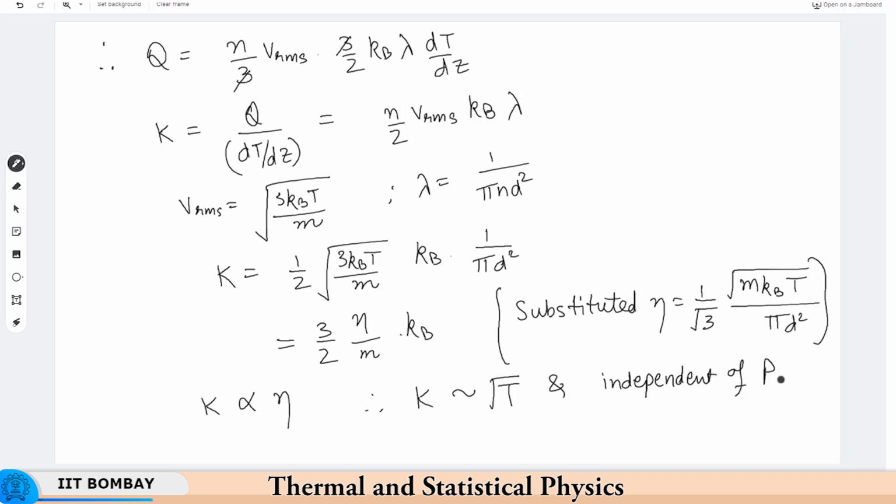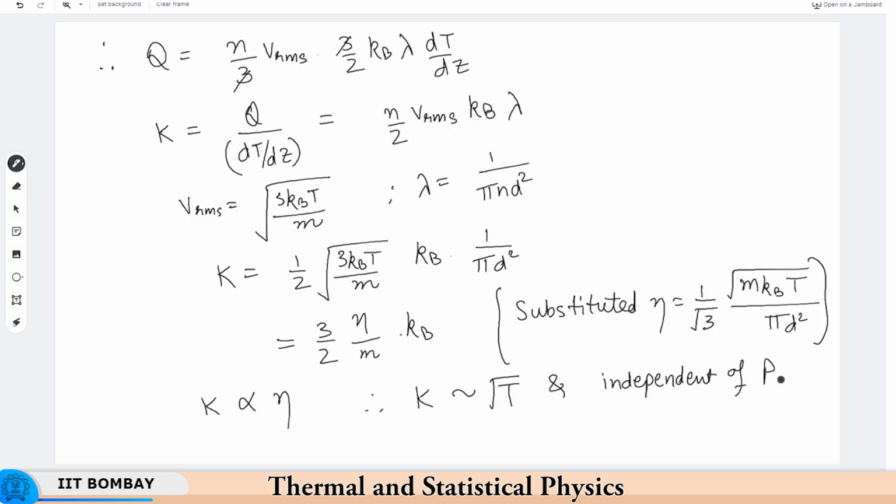So, this is how we can make sense of these properties of gases by just working out this expression. So, this is a way of understanding the transport properties of ideal gases through the formulation of kinetic theory.